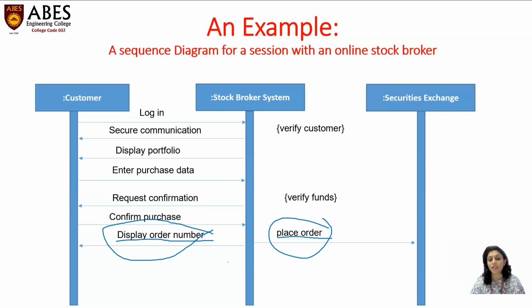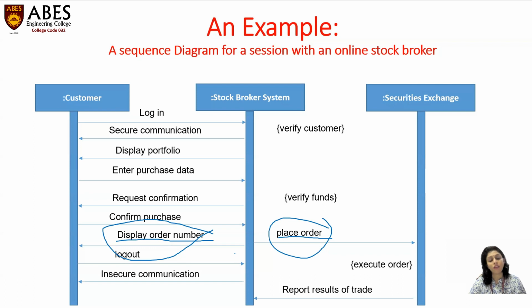They are shown at the same time, the display order number and place order. After the order is being executed, the securities exchange will report the results of trade to the stockbroker system. And the customer, when it requests for a logout to the stockbroker system, the stockbroker system develops an insecure communication and displays a goodbye to the customer.